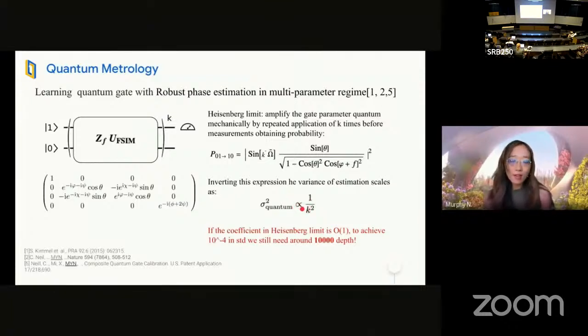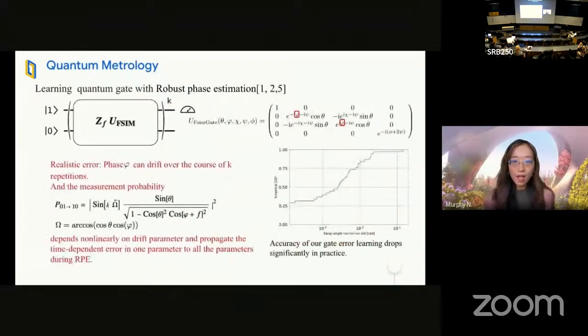In fact, robust phase estimation and periodic calibration all have order of magnitude 1 in this coefficient. That means if we do want to achieve, say, 10 to the minus 4 in standard deviation of our metrology tool, we would need around 10,000 repetitions. This is beyond any existing quantum computer's capability.